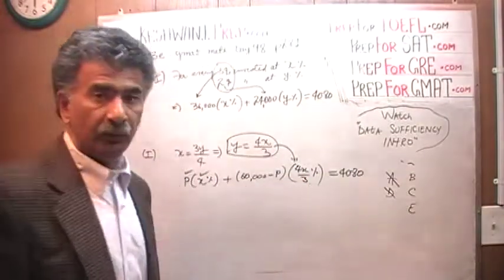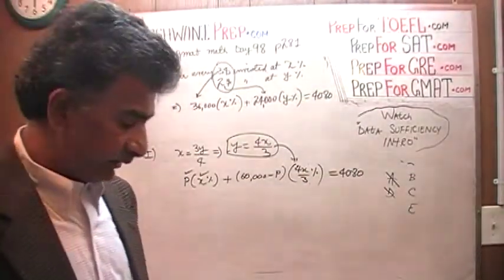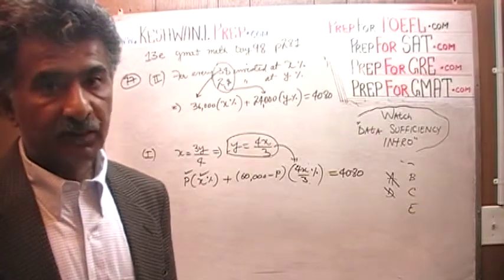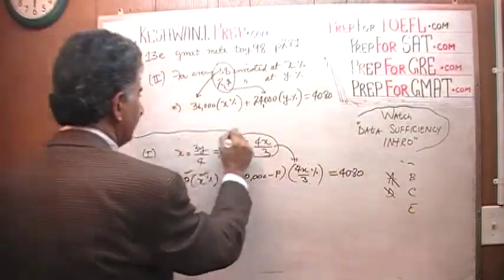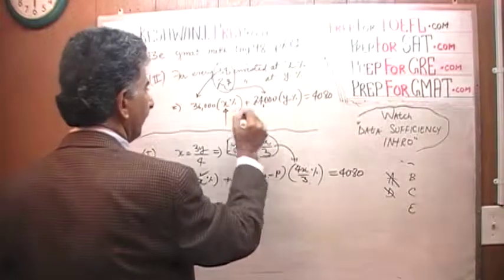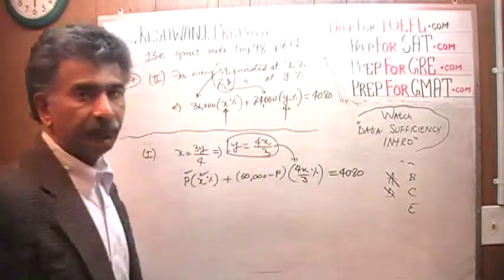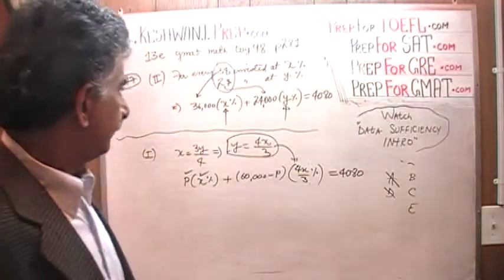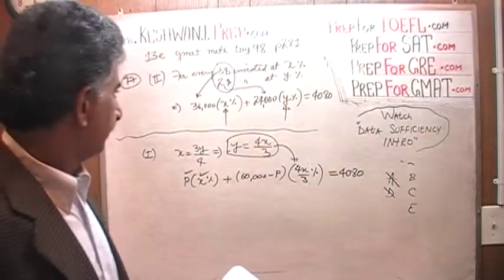And that amount is 4,080. Again, as we can see, the second statement by itself does not do anything, because here again we have the same situation. We have two unknowns, X and Y, and only one equation. We cannot do anything with it.